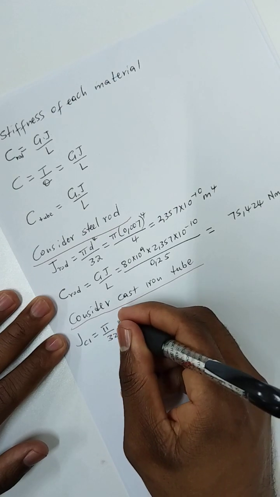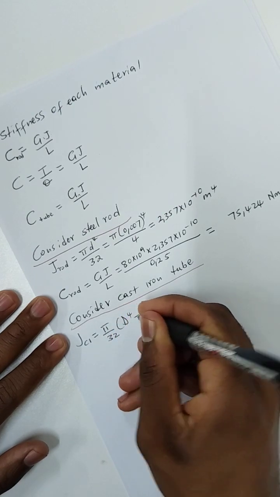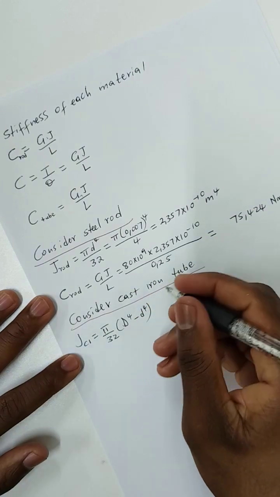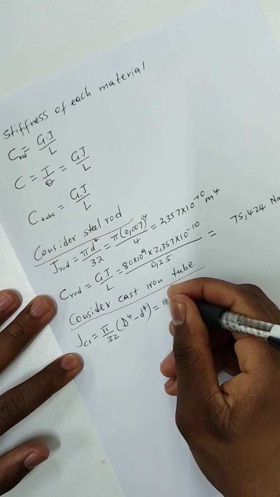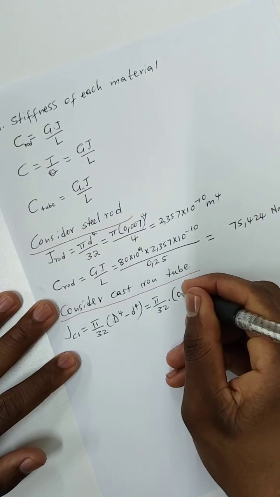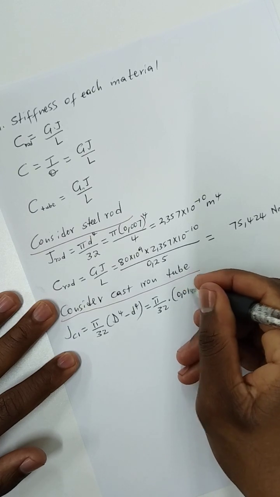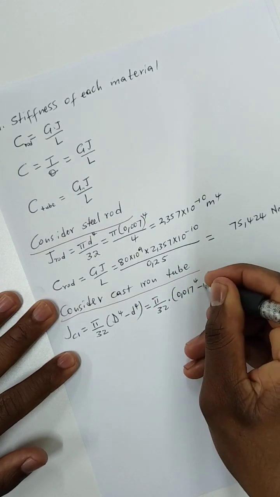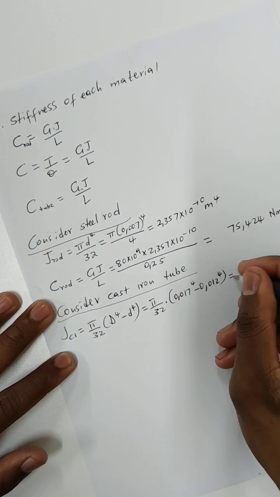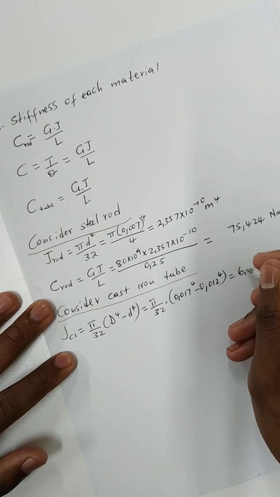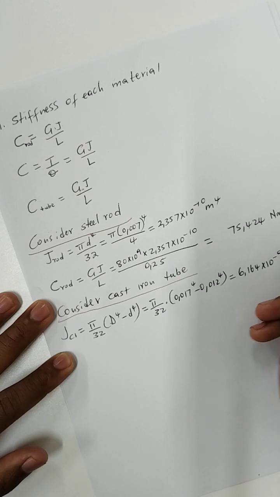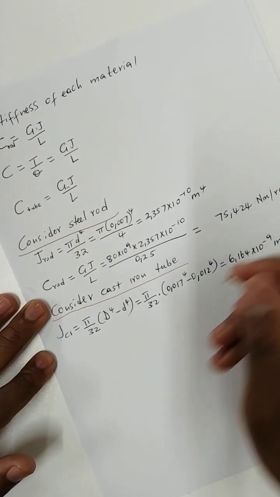Then you will have the big diameter to the power 4 minus the small diameter to the power 4. The outer diameter is 17, inner diameter is 6, and J is 6.164 times 10 to the power minus 9 m to the power 4.